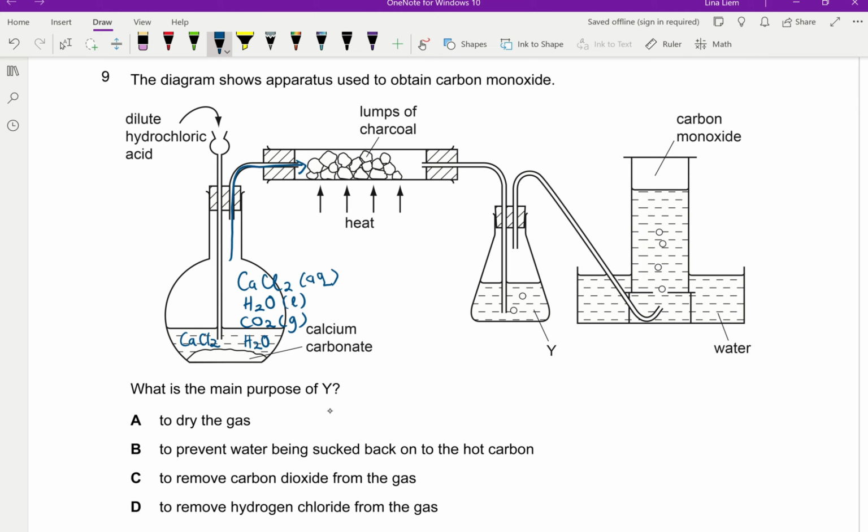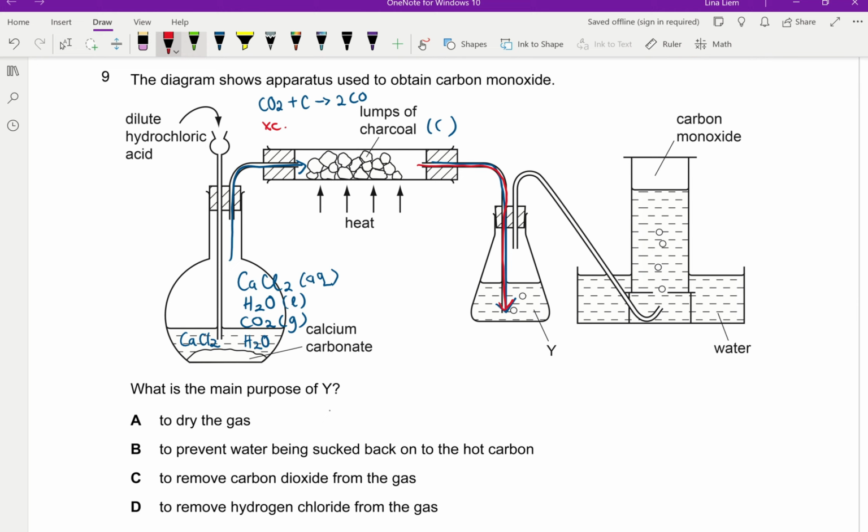If we have charcoal, which is just carbon, the reaction is carbon dioxide and carbon gives us 2 carbon monoxide. This is assuming that the reaction goes to completion, but we could also have a contaminant: excess or unreacted carbon dioxide could still come all the way here.